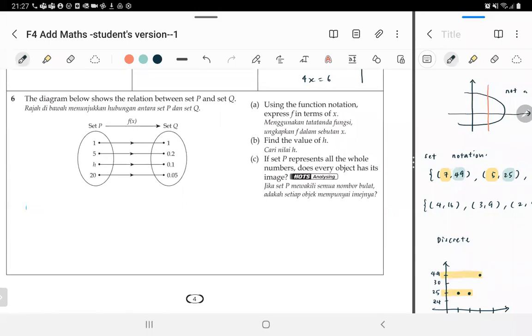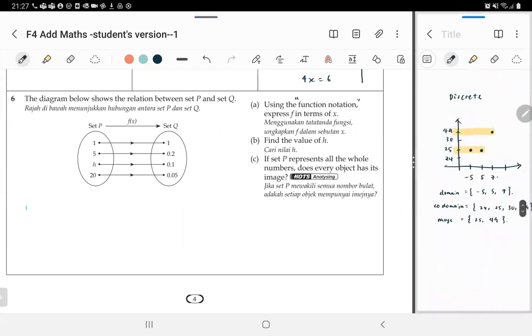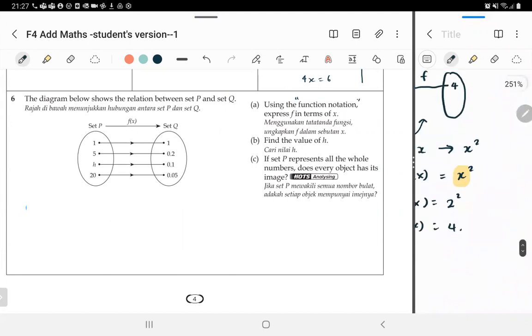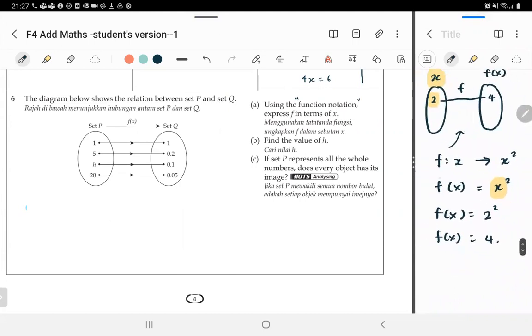This is set notation. Sorry. Function notation, that means the function f(x), like just now, not this one. This one, you can either write it with the arrow, f: x, arrow, or f(x) equals to something, function notation.